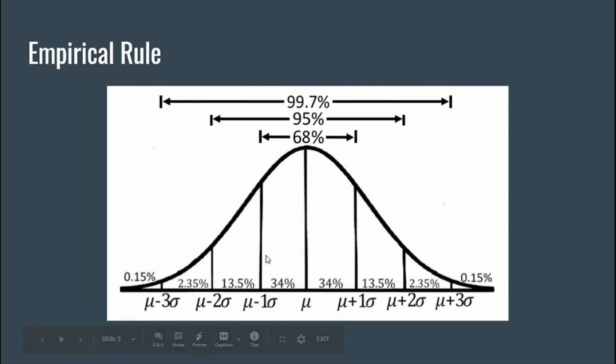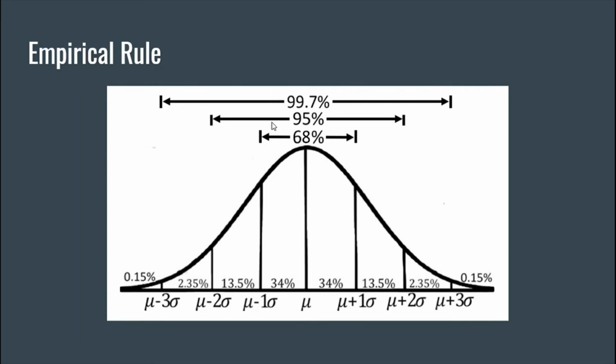Now all these different numbers here represent the different breakdowns in between each of these percentages. If the middle, within 1 standard deviation, is 68%, and you split it down the middle, you get 34% on both sides.